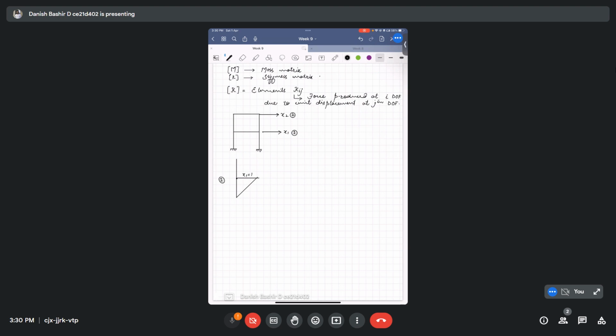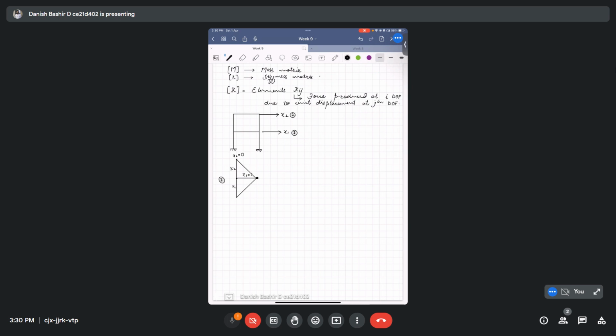Here it has stiffness K1, and this is K2. We have x1 equal to 1 and x2 equal to 0, because we are finding K11.